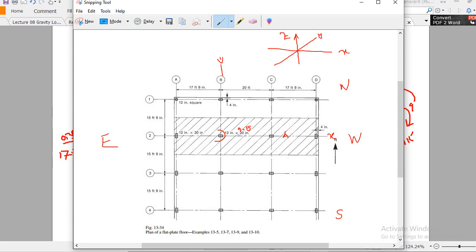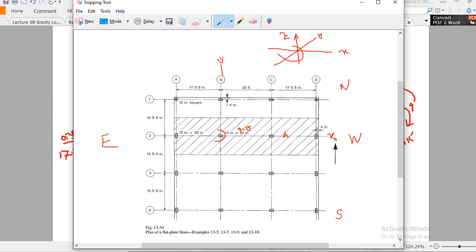Now you see this moment is about the y axis. Clear? This moment is about the y axis, which is 9.5 kip-feet.